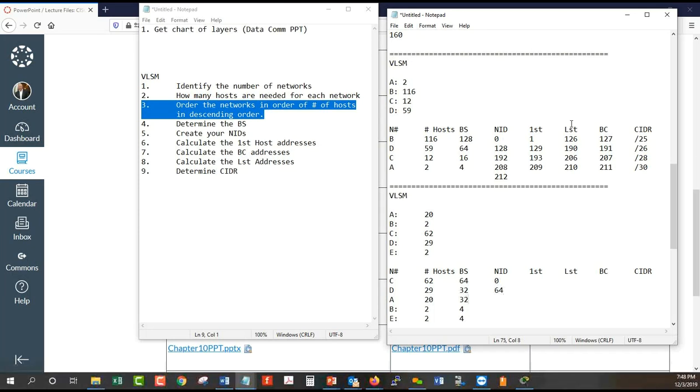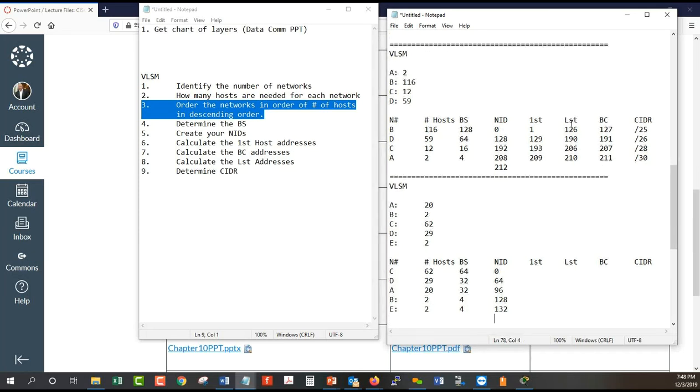And then Greg? Okay, 96. And then 96 plus 32 is going to give me 128. And then 128 plus 4 is going to give me 132. And then finally, 132 plus 4 is going to give me 136. And that's going to help me in calculating one of my broadcast addresses here.